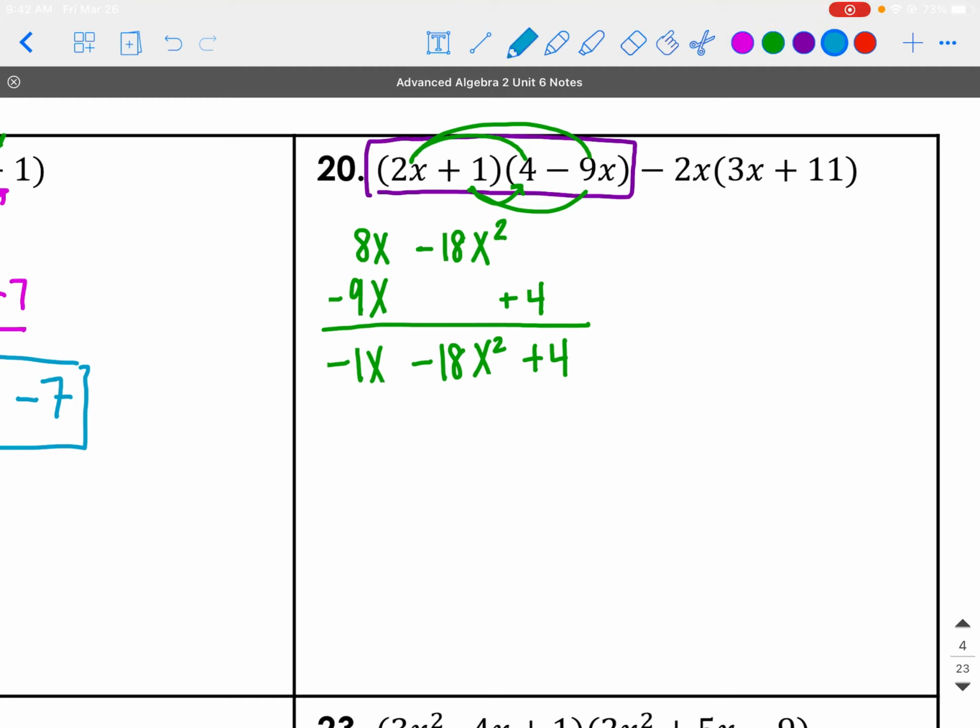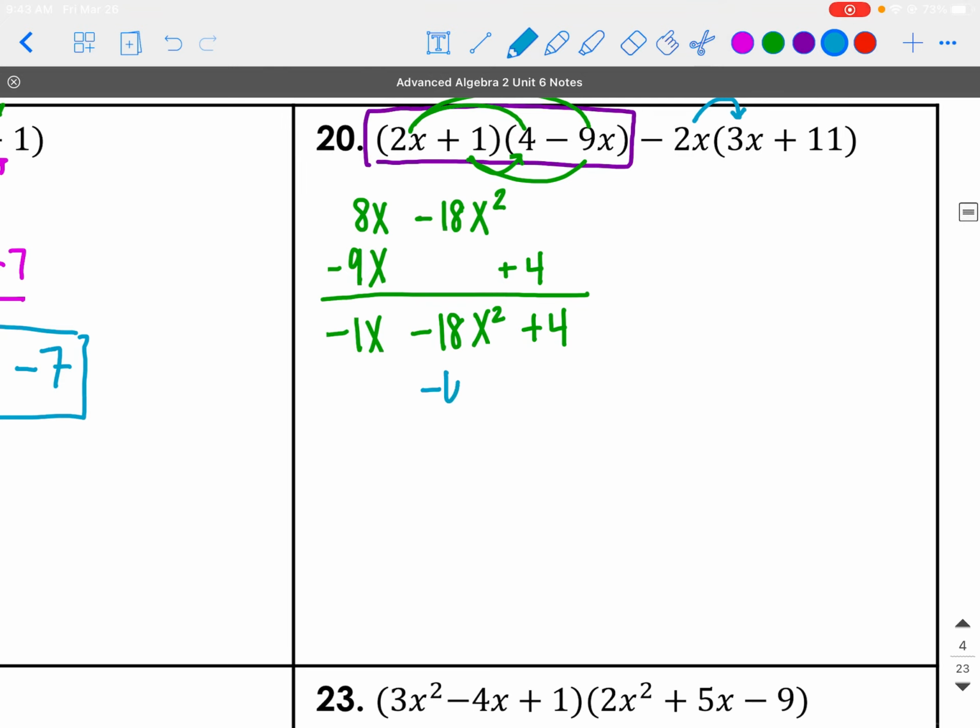And then we can distribute this negative 2x and combine it with the previous thing that we had. So this is a negative 6x squared. And that would be negative 22x.